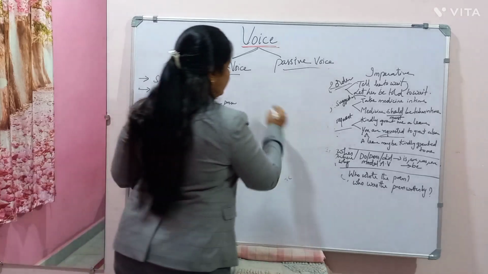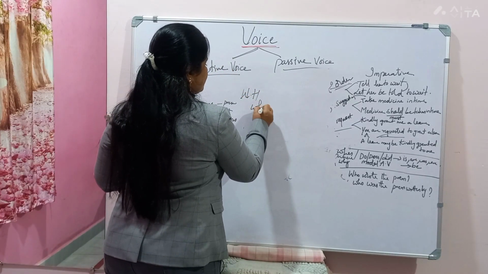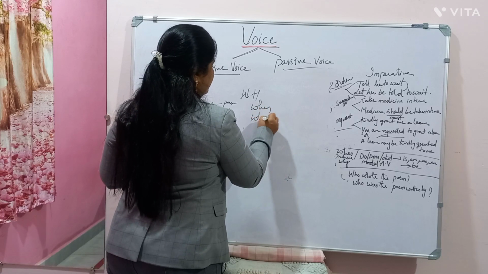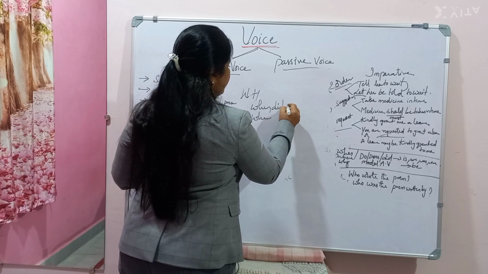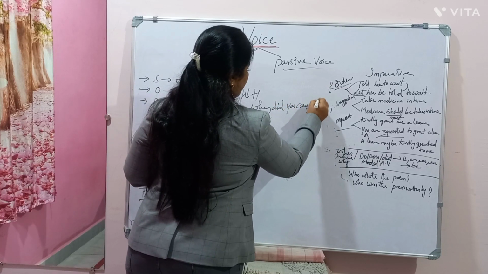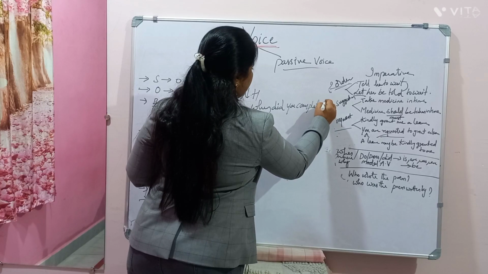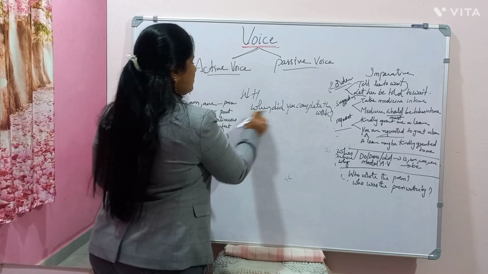Now there are some questions which will start with W or H. Let us take when, where. When did you complete the work? So what is the object here? The work.